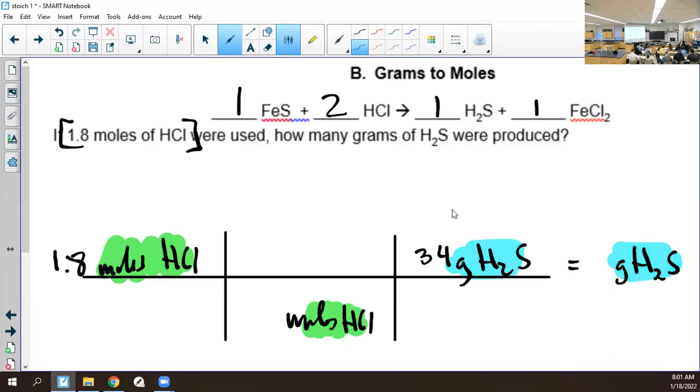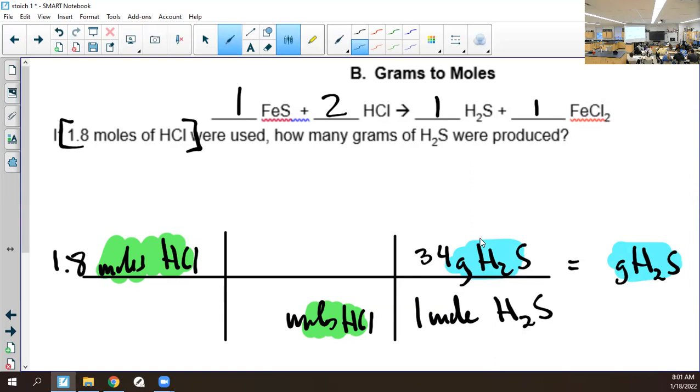All right. There's something else you should commit to memory, and I'm sure I said it a while ago, but anytime we find the grams, it's always per 1 mole of the same substance. All right, grams will always match per 1 mole.